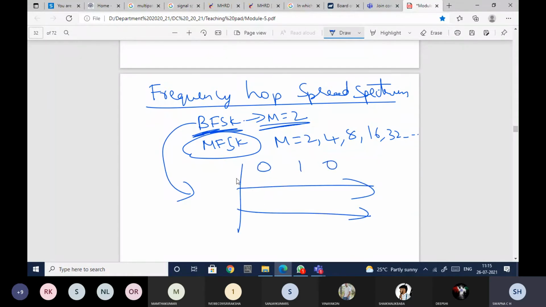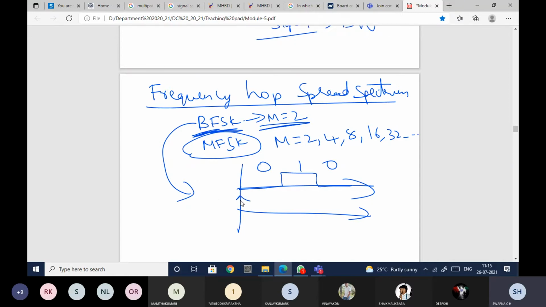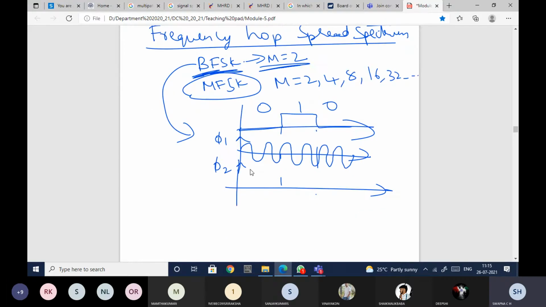We have two carriers, phi 1 and phi 2. Let me take the carrier waveforms: this is a carrier with high frequency, and next I'll take another with low frequency.